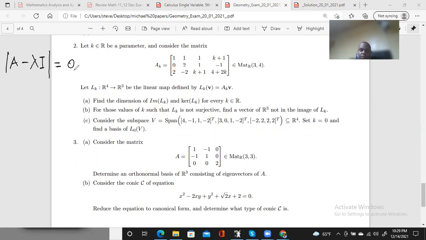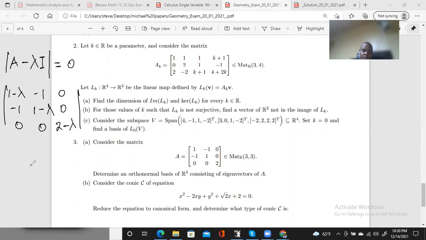So we know that A minus lambda identity is 1 minus lambda, minus 1, 0, then minus 1, 1 minus lambda, 0, then 0, 0, 2 minus lambda. And the determinant of this is 1 minus lambda, minus 1, 0, minus 1, 1, 0, 0, 0, 2 minus lambda.